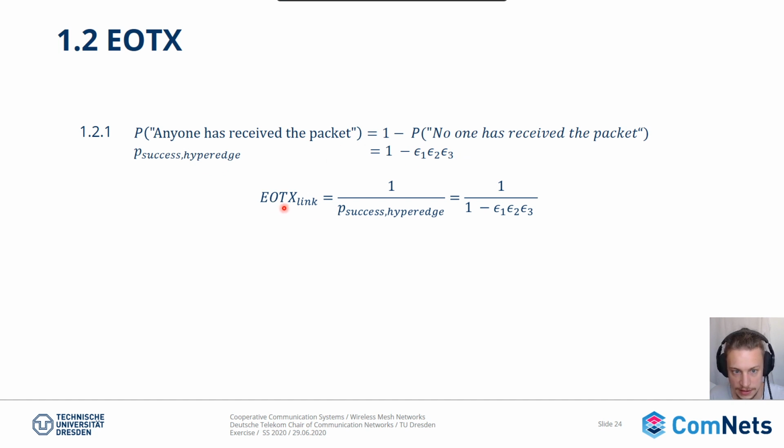So the link EOTX is 1 divided by the success of the hyper edge, being 1 divided by 1 minus the failure probability, epsilon 1 times epsilon 2 times epsilon 3.